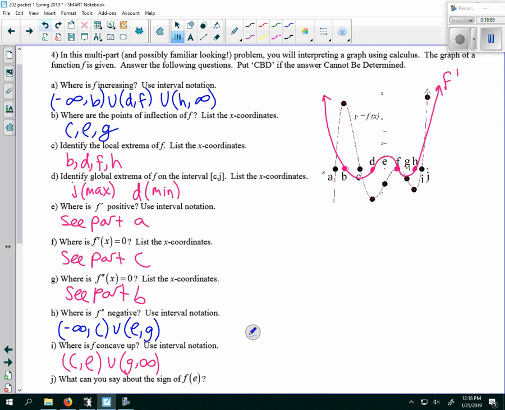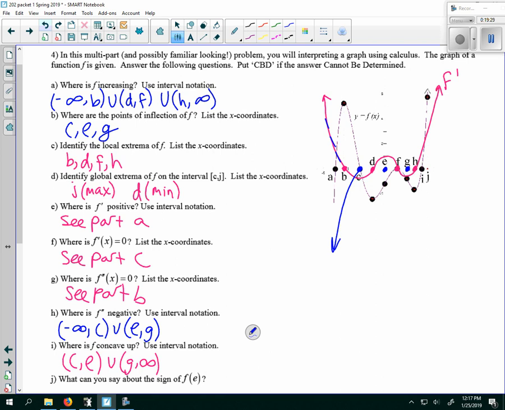And then I can use f prime to draw f double prime. So I want to look at places where f prime has a horizontal tangent line. So that looks like it happens at C and E and G. And then I'm going to do the same little game with the slopes. So before C, if I draw tangent lines on f prime, they're all negatively sloped, which means that the second derivative, f double prime, has to be below the x-axis.